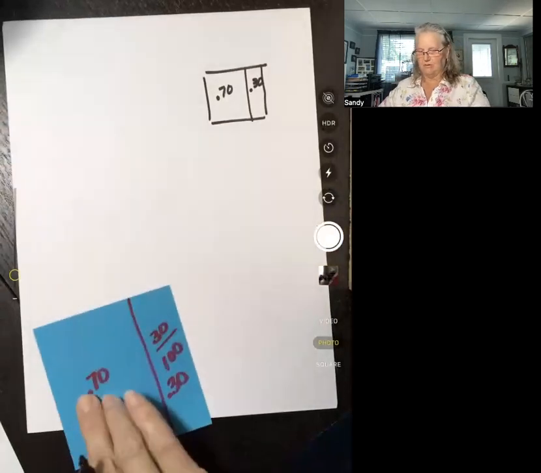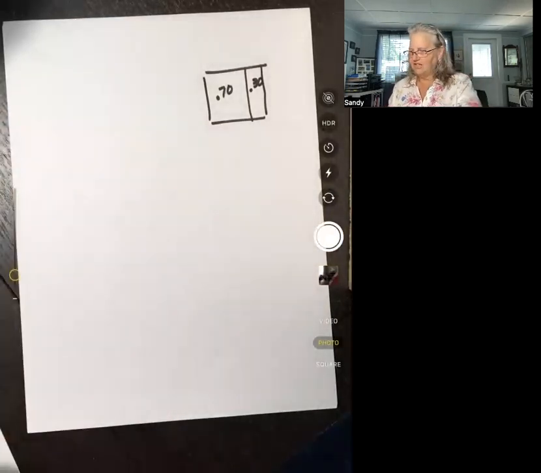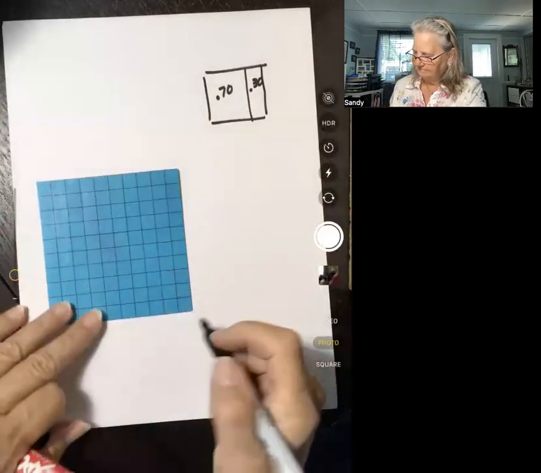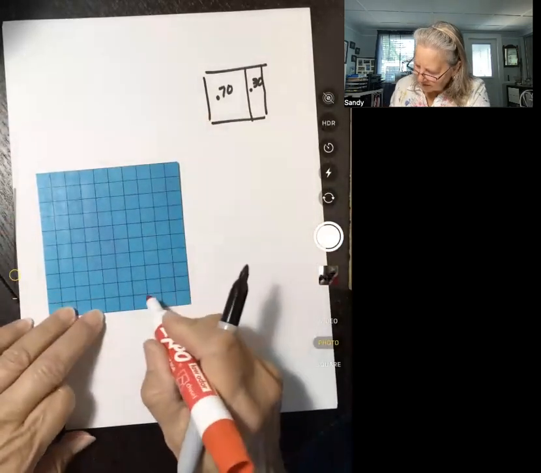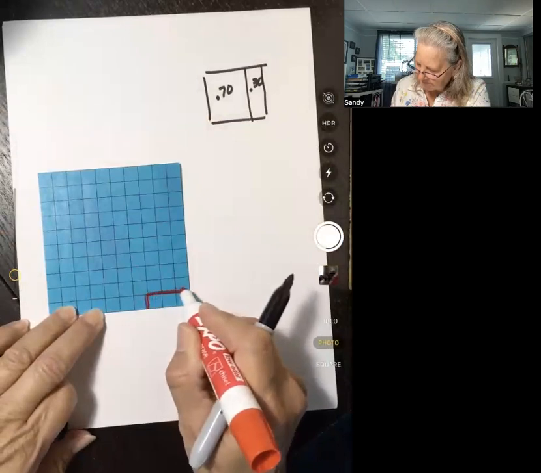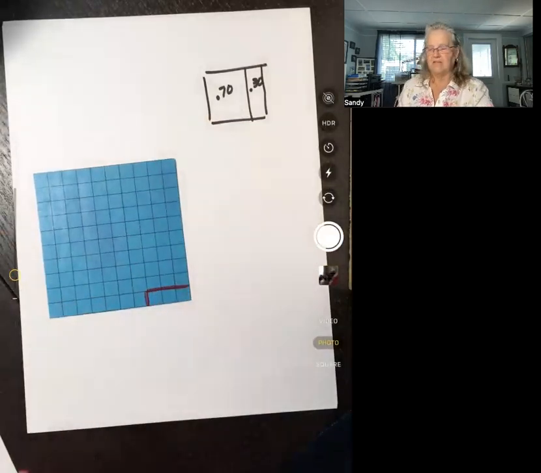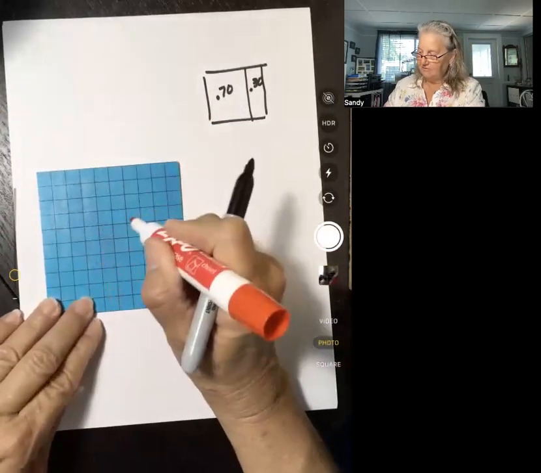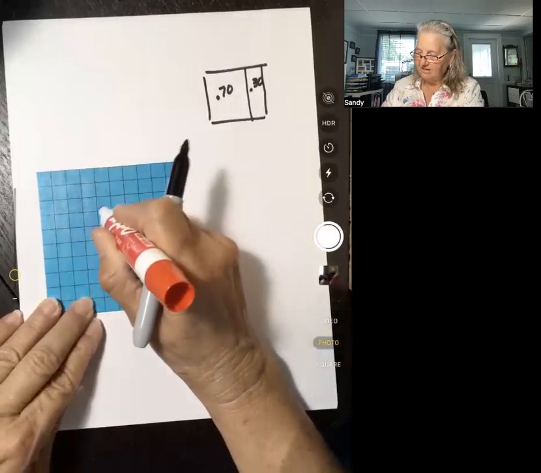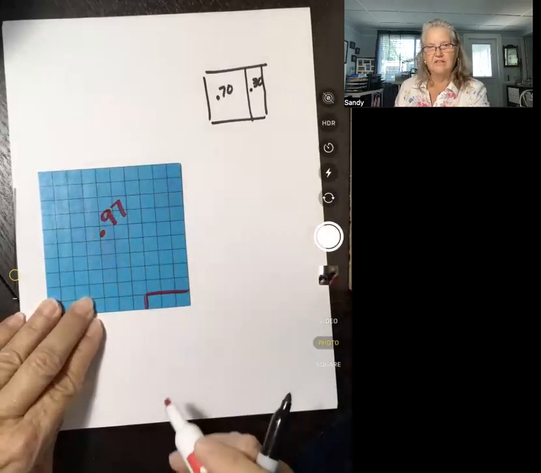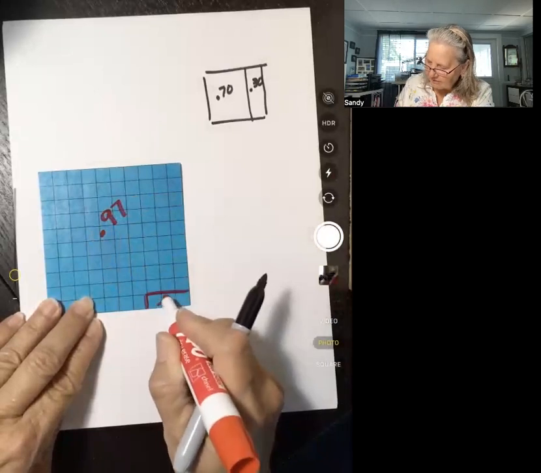Now this becomes important because I could also cut this something like this. See, what do I have here? Right now I have 97 hundredths. And here I have 3 hundredths.